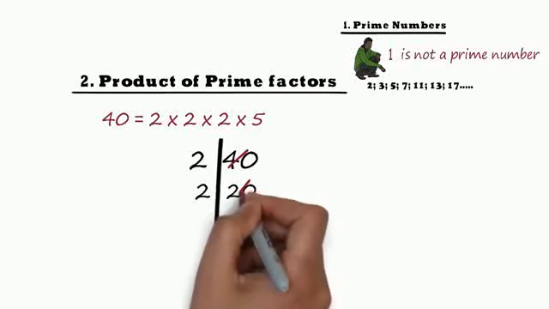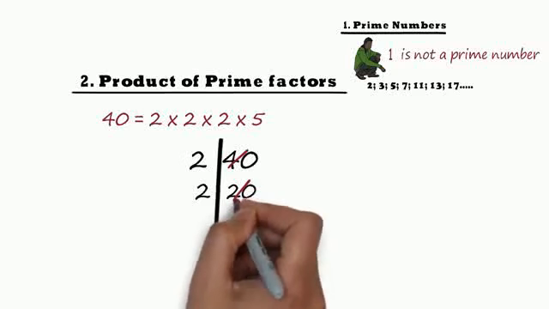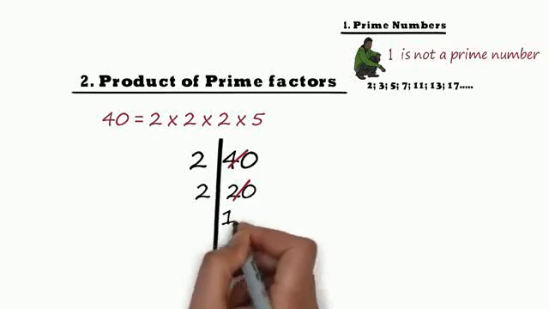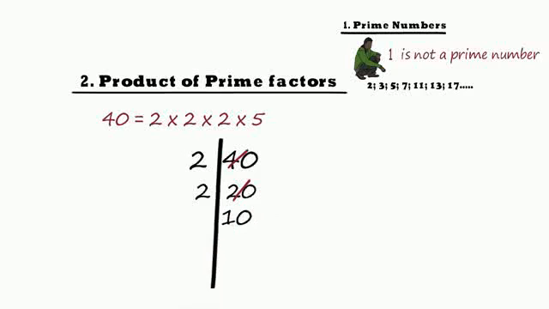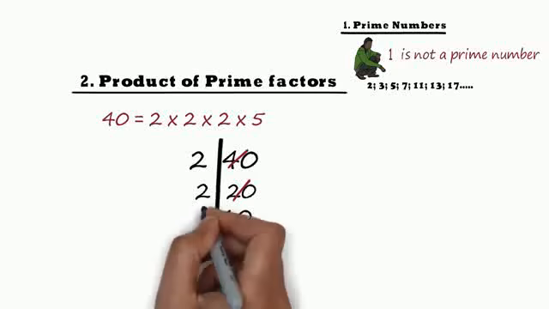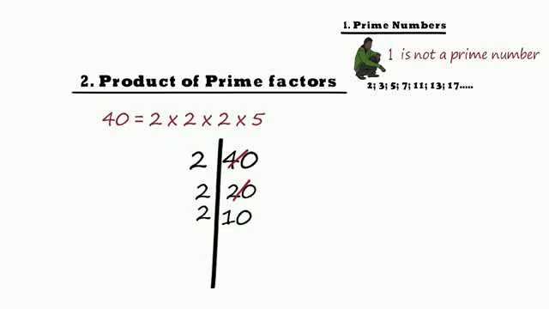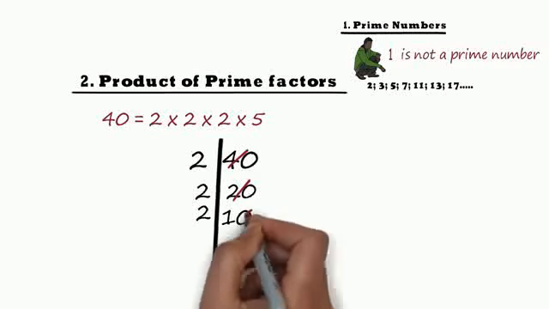Right? My calculation there, it's a bit slow, but 2 into 20 is 10. When you get 10 now, you look for the smallest prime number that gets into 10 again, and again is 2. Now, you move on. 2 into 10, as I cancel there, you get 5.